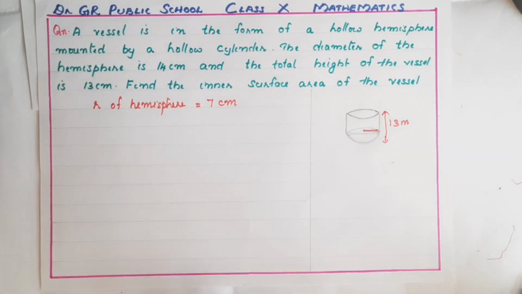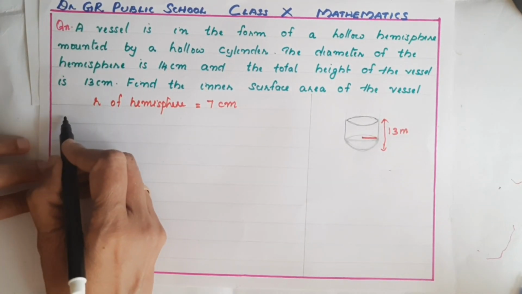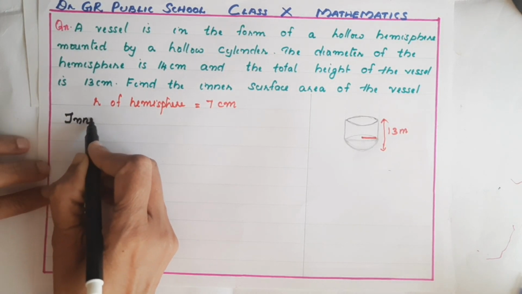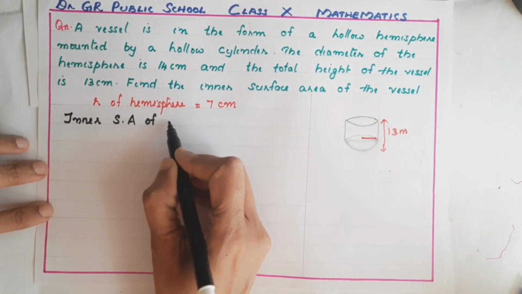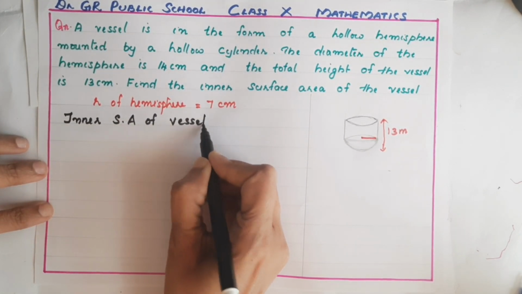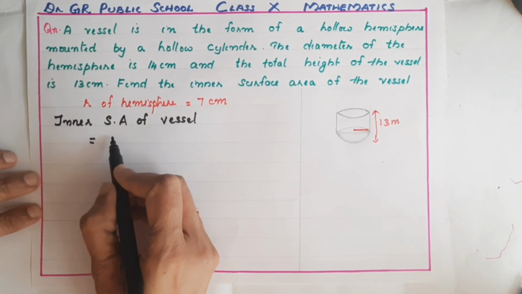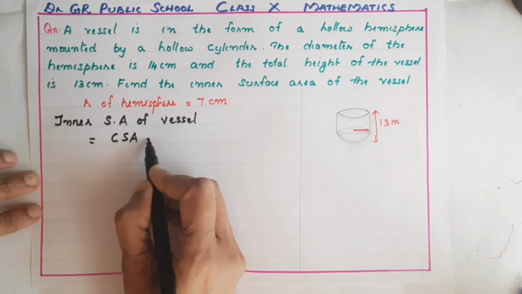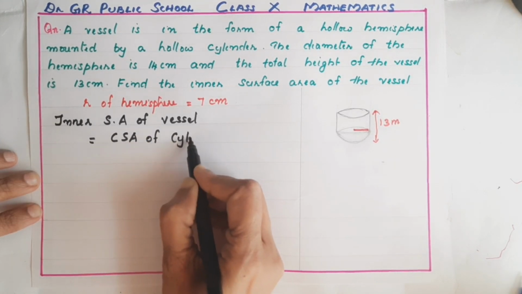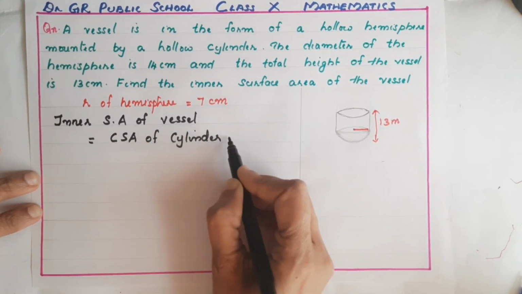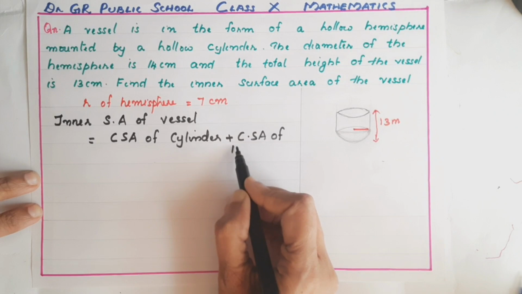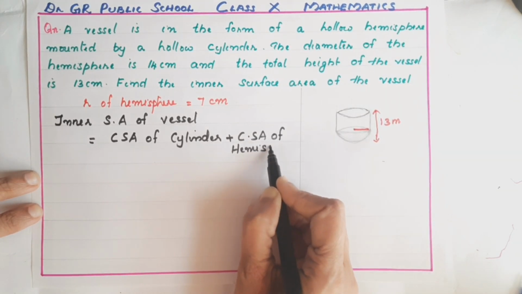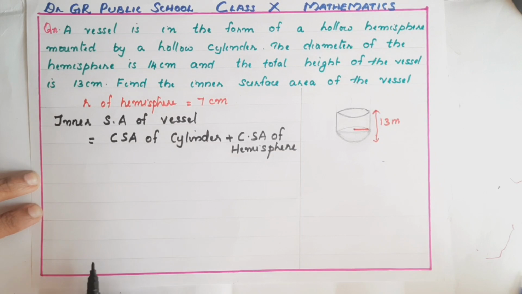Okay, children. So what we have to find out? The inner surface area of the vessel can be found by adding the CSA of the cylinder plus the CSA of the hemisphere.